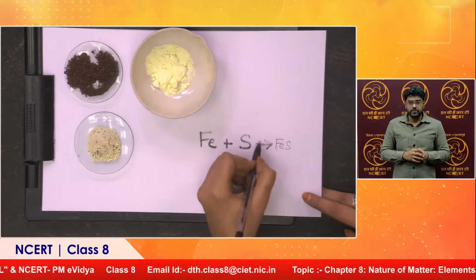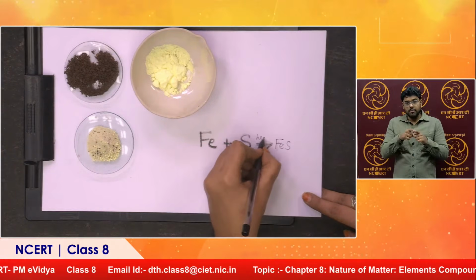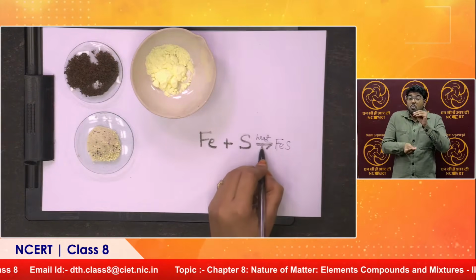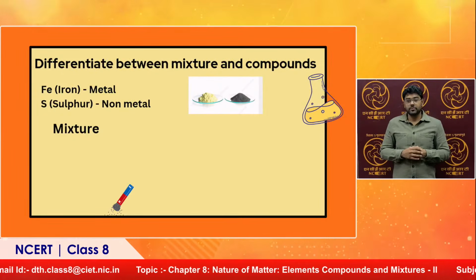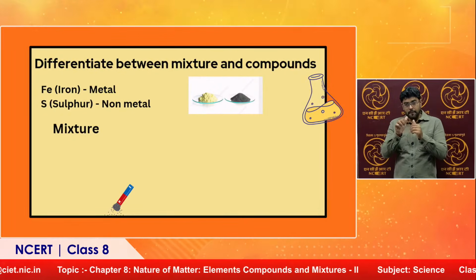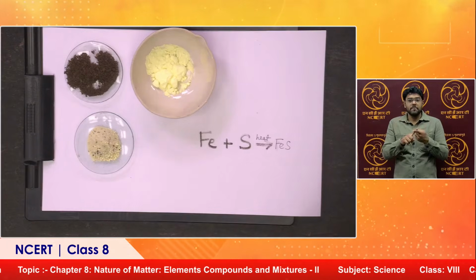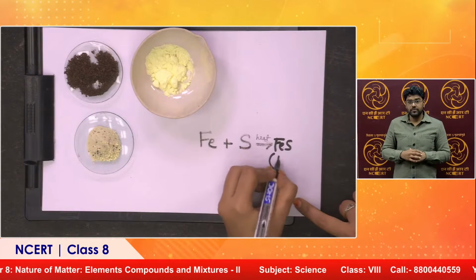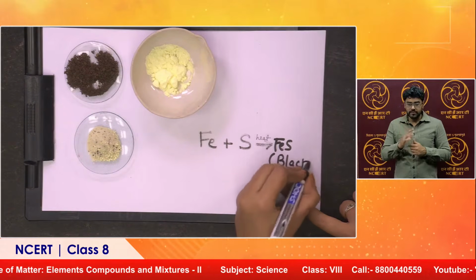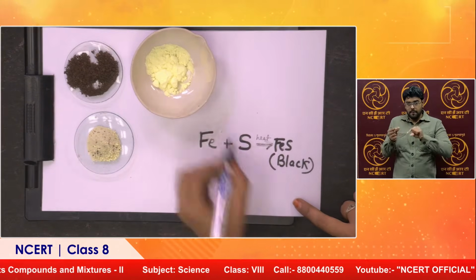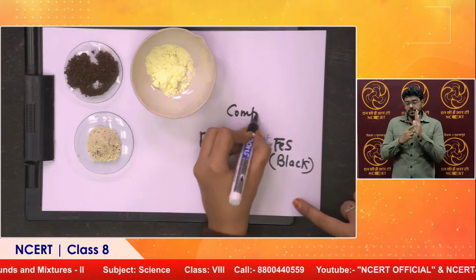This is done when we have heated it, and on heating, what do we see exactly? Both the properties of iron and sulfur get changed. The FeS that is forming here is of black color. So this is the compound that is getting formed. I'll write here, this is for compound.